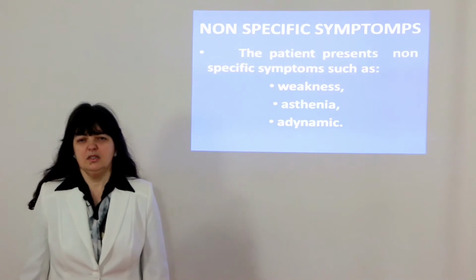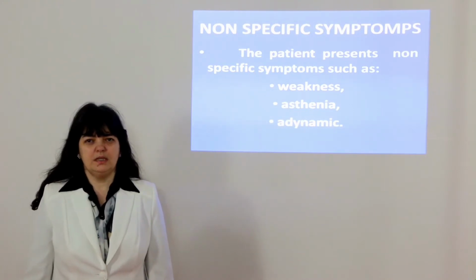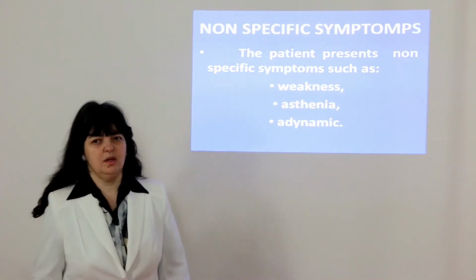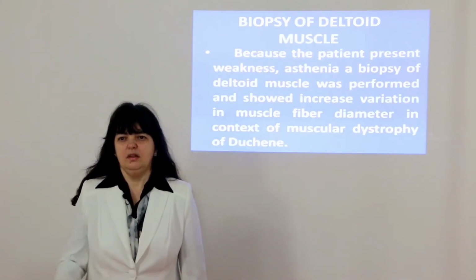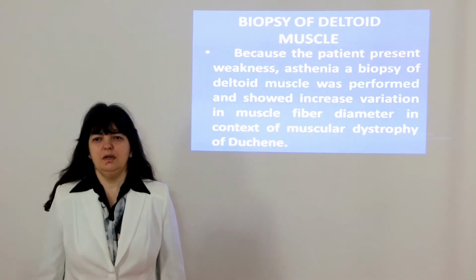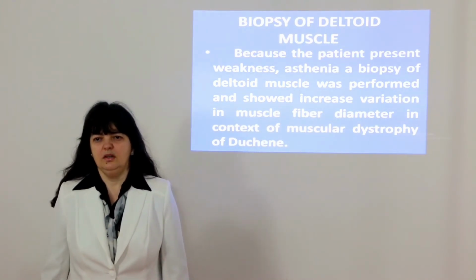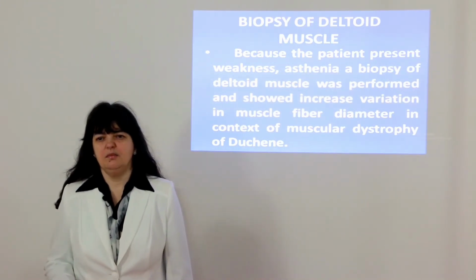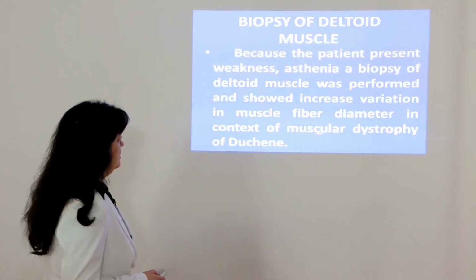In the end, because the patient presented a few non-specific symptoms such as weakness, asthenia, and adynamia as well, for this reason the patient underwent a biopsy of the deltoid muscle, which showed increased variation in muscle fiber diameter in the context of Duchenne muscular dystrophy.